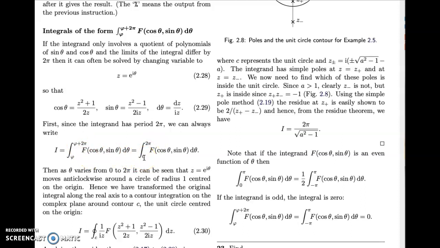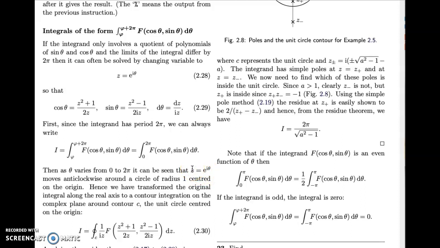Now, the whole idea of this approach is that as theta varies from 0 to 2 pi, what happens to z? Well, z just goes around the unit circle. As theta varies from 0 to 2 pi, this is just telling you that z goes round a circle of radius 1 centered at the origin.